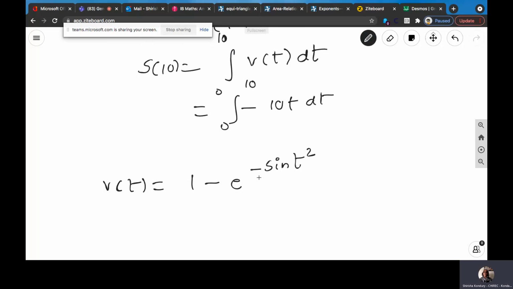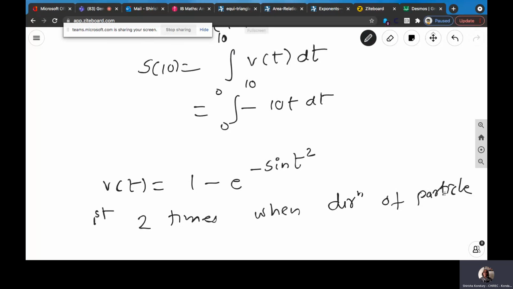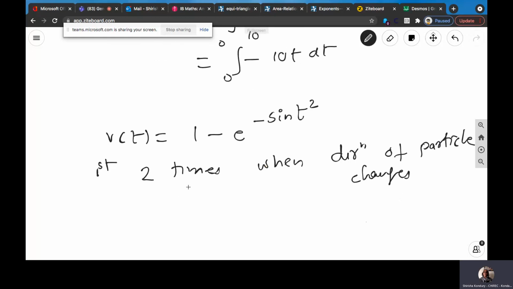The questions are: first two times when the direction of the particle changes. So when the particle is moving, the direction is changing, and the two times will be some t1 and t2.